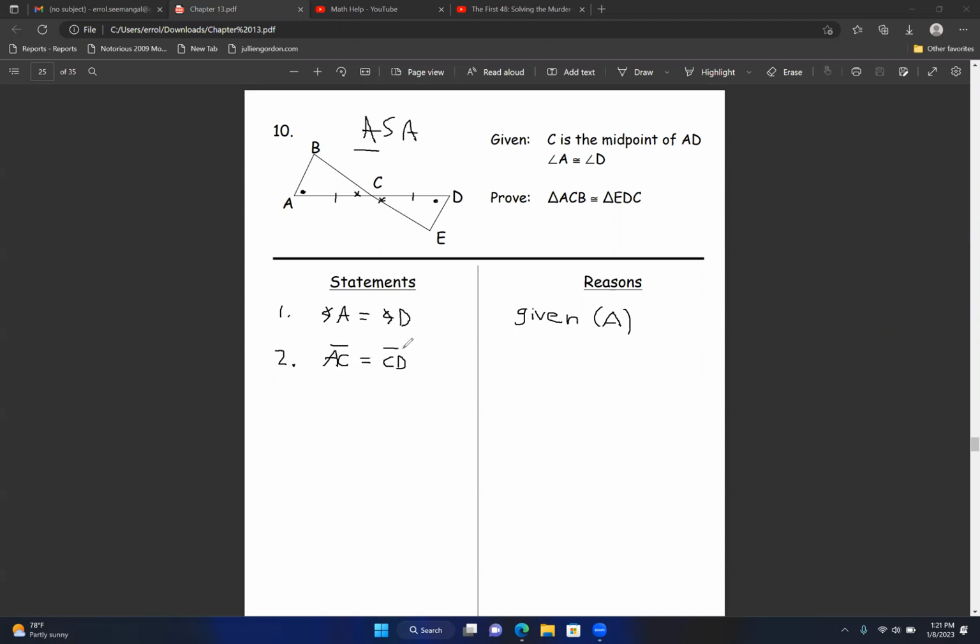And why? Because they're on a midpoint. Yes, you just write definition of midpoint. Definition of midpoint. Okay, that's number two. What's number three? That's side. And then what's the last A?